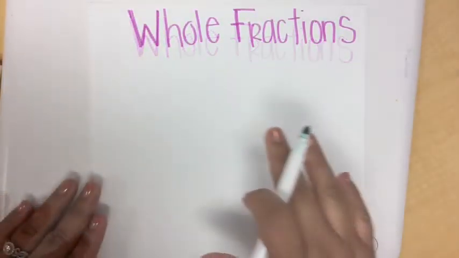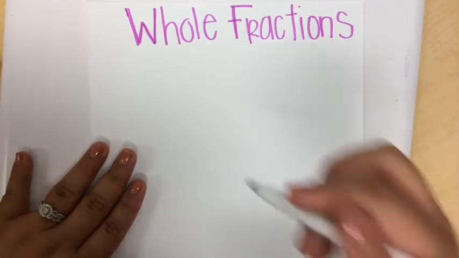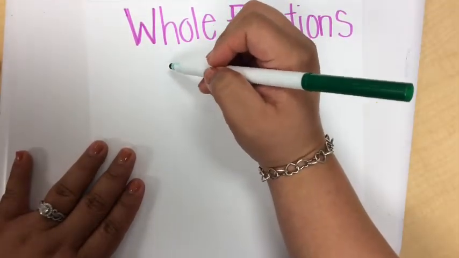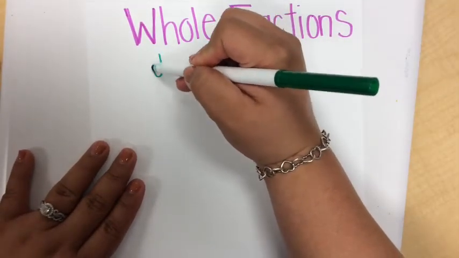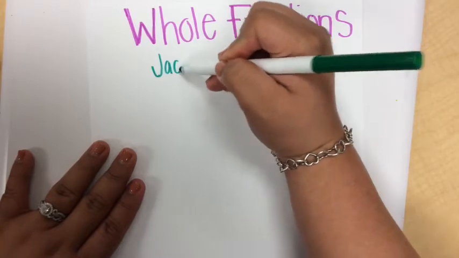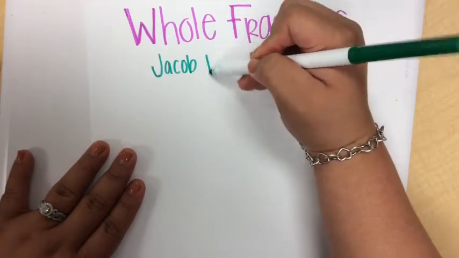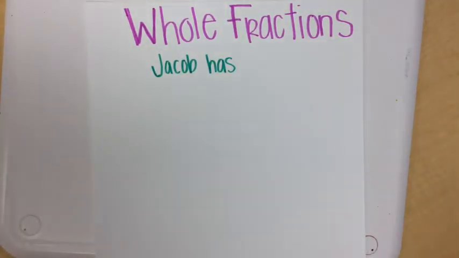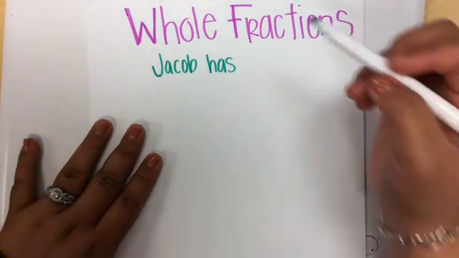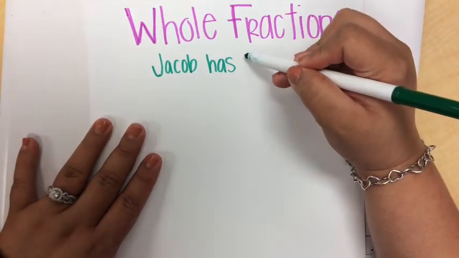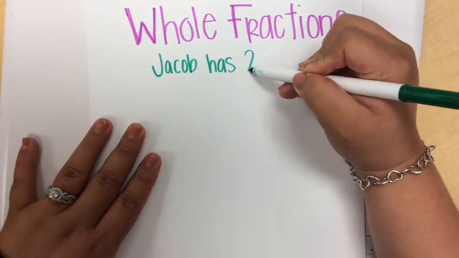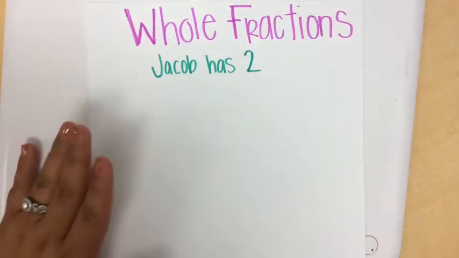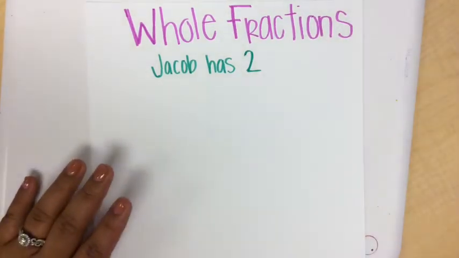All right, and this time I'm gonna use, instead of Noah, I'm gonna use Jacob. So I'm gonna say Jacob has, what does Jacob have? What does Jacob have? 2 pumpkins.